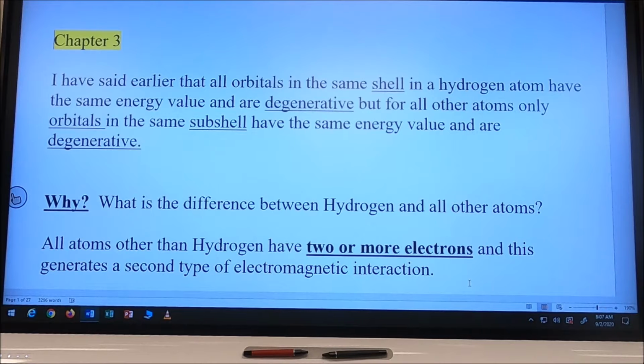So helium, argon, xenon, silver, gold, carbon is different from hydrogen. And the big difference between hydrogen and everybody else is that hydrogen has only 1 electron, and all other atoms have 2 or more electrons.